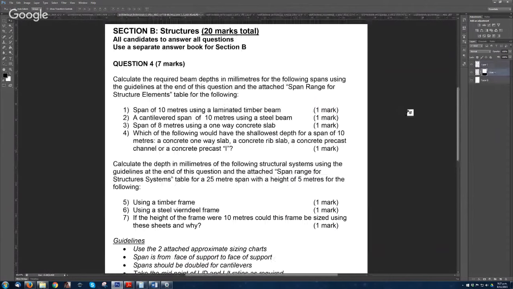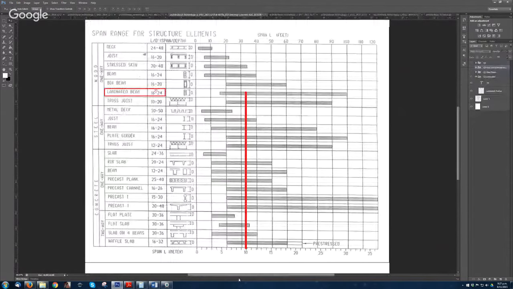Okay, now let's go back to this one. So for the span of 10 meter, laminated timber beam. So to get the depth, you need to divide the span by the midpoint of that ratio. So in this case, 20. Usually the midpoint is like 16, 17, 18, 19, 20, 21, 22, 23, 24, and you take the one in the middle.